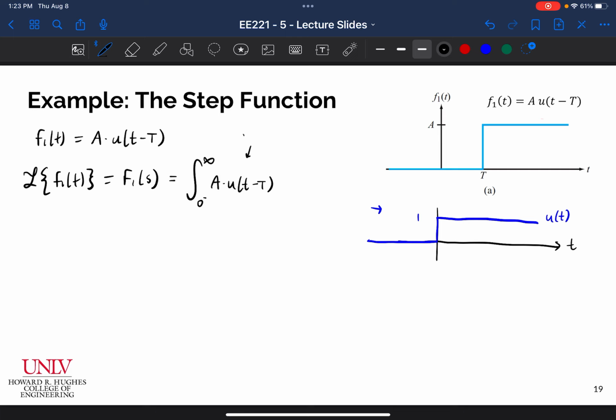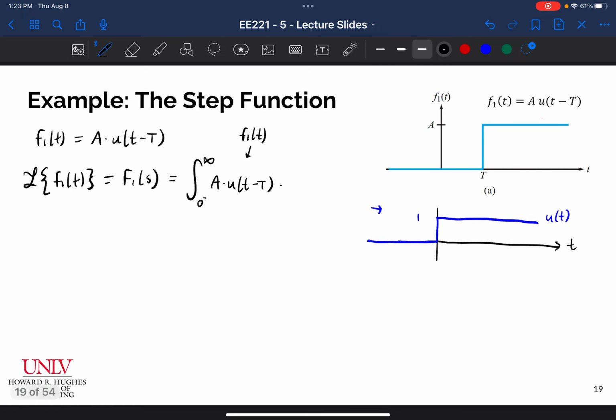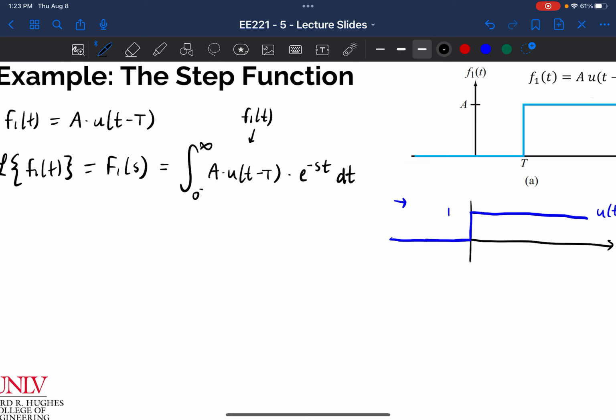This is my f1 of t, multiplied by e to the minus st, where s t is s times little t, and then I integrate that with respect to time. And that's what we get, okay? This is our integral, so now we have to solve this in order to find f1 of s, okay?